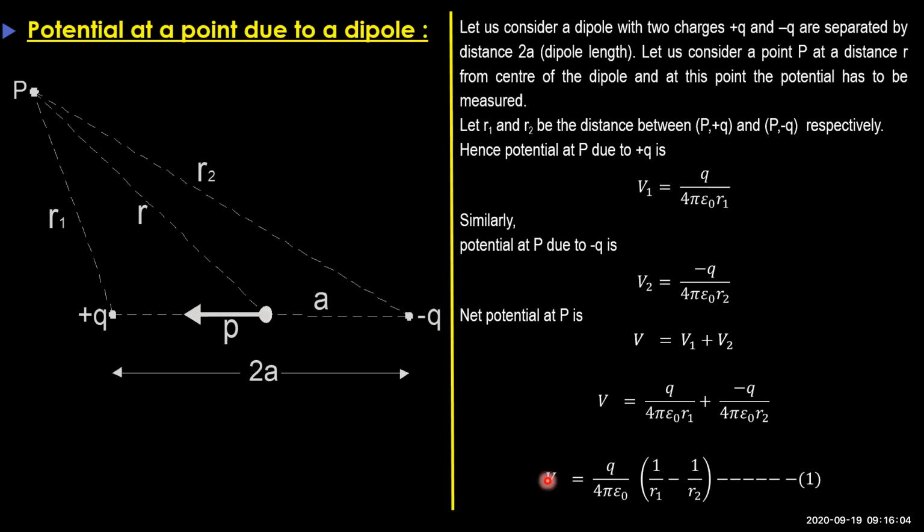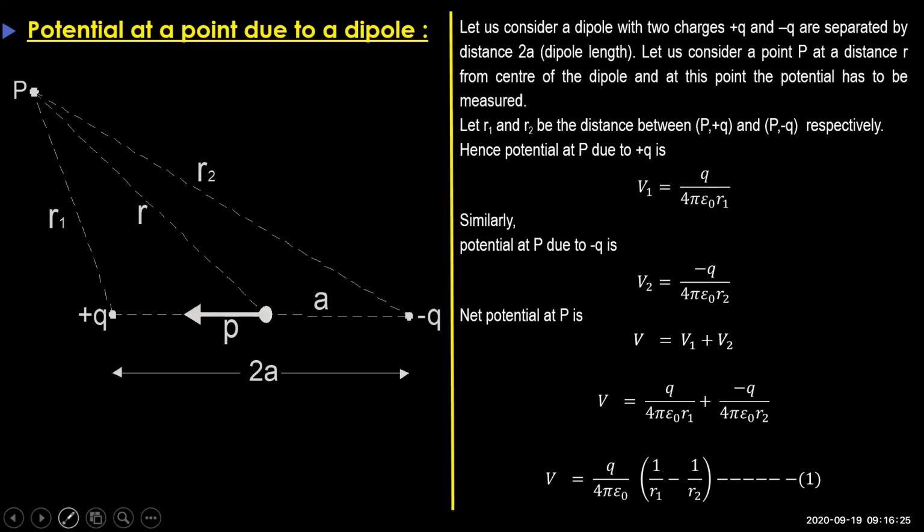The work is not yet over. Why is the work not yet over? Because the distances R1 and R2 are making some angle with the dipole axis.